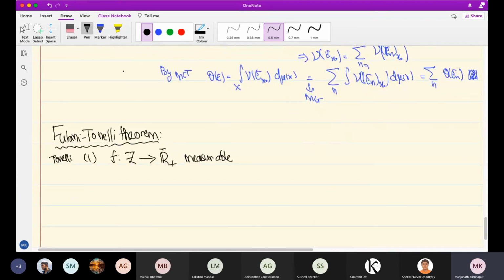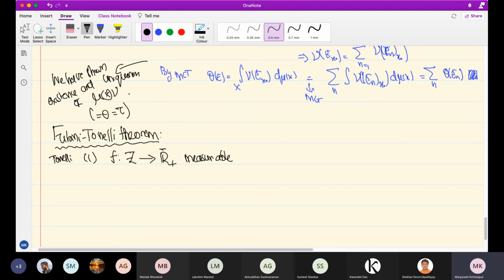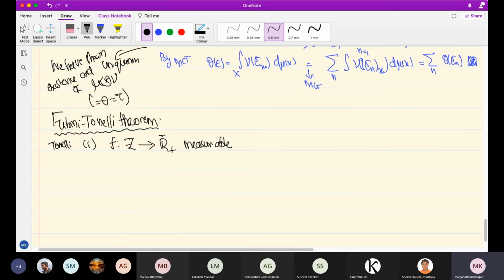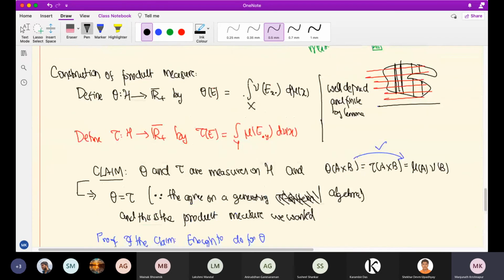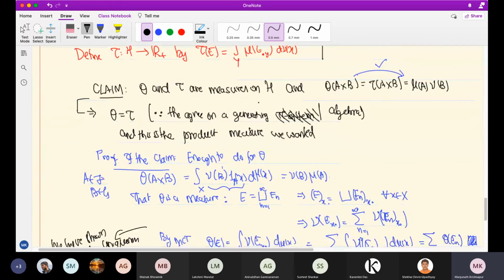So actually I should have written here: we have shown existence and uniqueness of mu tensor nu, which is also equal to theta, which is also equal to tau. Okay, those are the other expressions. So we think of the product measure as existing and these as two different ways of calculating it.